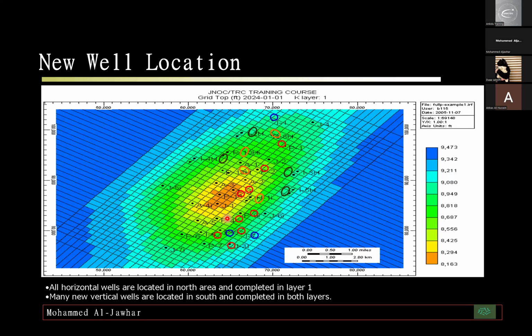So back again to the well location, we already mentioned something about dynamic. Reservoir management is dynamic information regarding when you can convert some wells to injectors, some wells can be abandoned, some wells need to be activated, some wells to keep as they are, some wells need to increase their performance.